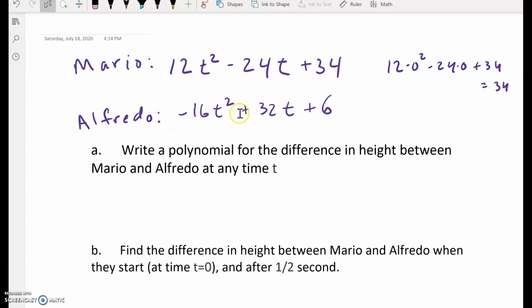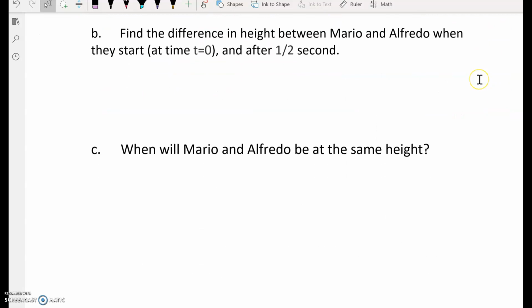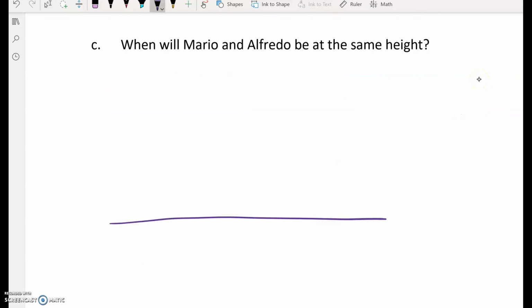Alfredo, when time equals 0, you have negative 16 times 0 squared plus 32 times 0, which is all just 0, plus 6 equals 6. If you want to draw a little picture of this, we have the trapeze, we have the ground right here, we have Mario, I'll just put a little dot for Mario, we have Alfredo down there.